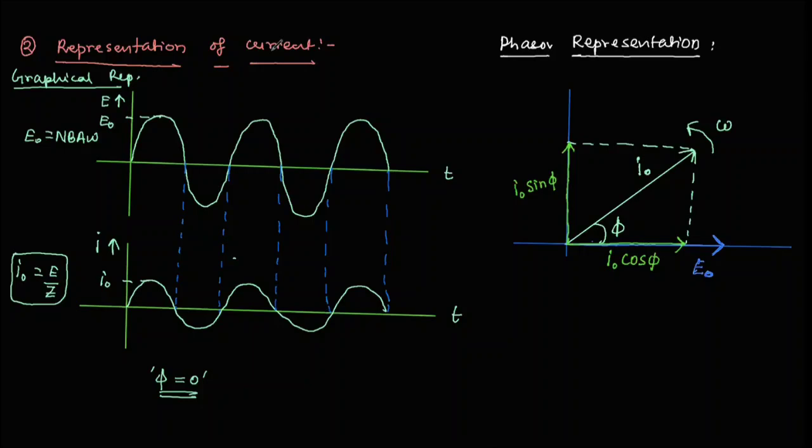I naught sin phi is regarded as wattless current. So this is the phasor representation of current, in which we have represented EMF and current along with each other, having a phase difference of phi.